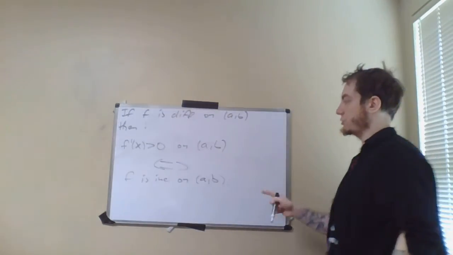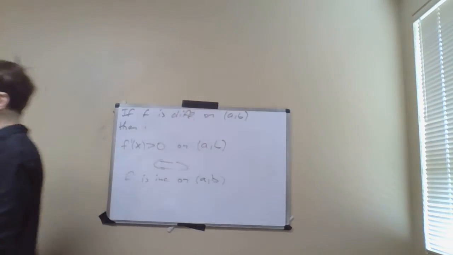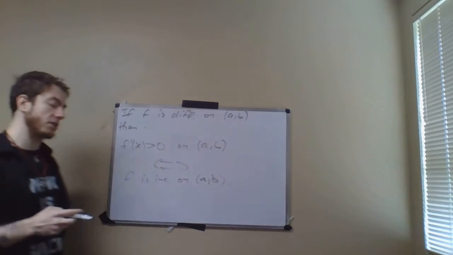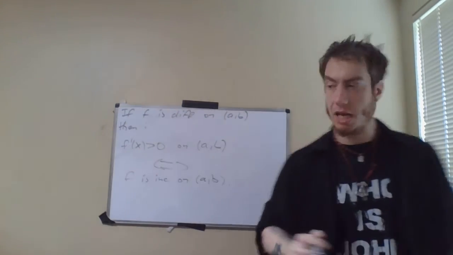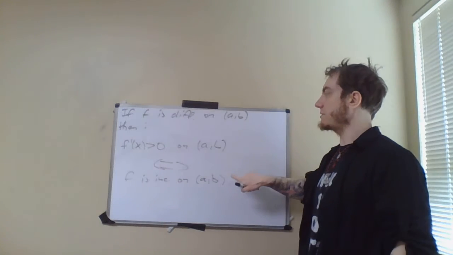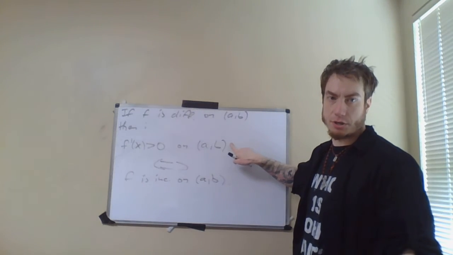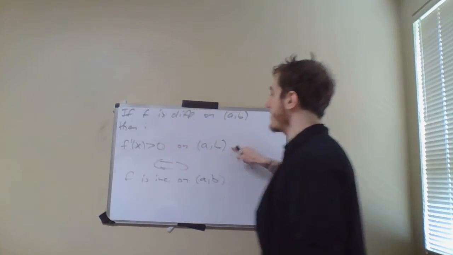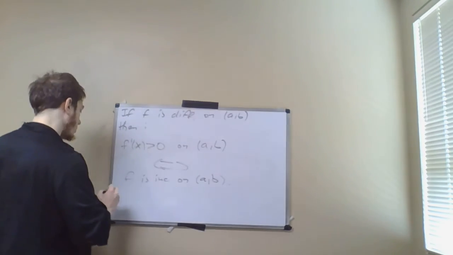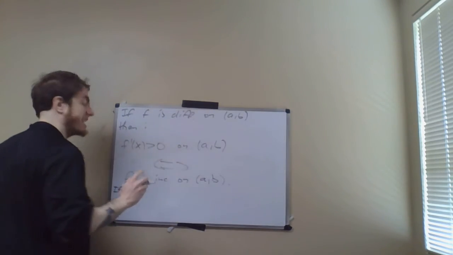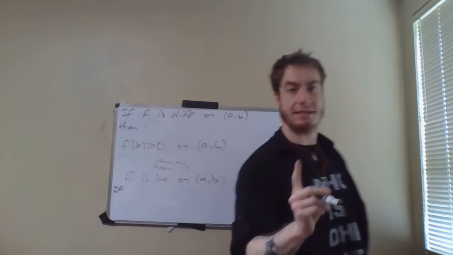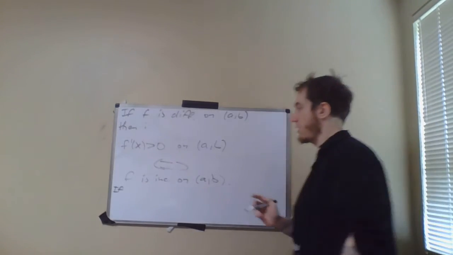Now, why is this true? Well, one direction is almost immediate, actually, and does involve going back to look at the limits. So showing that if f is increasing and it's differentiable, then the derivative is positive, this is very simple. Actually, it's not very simple, but it's reasonably straightforward. It's not like we need any sort of trickery here.